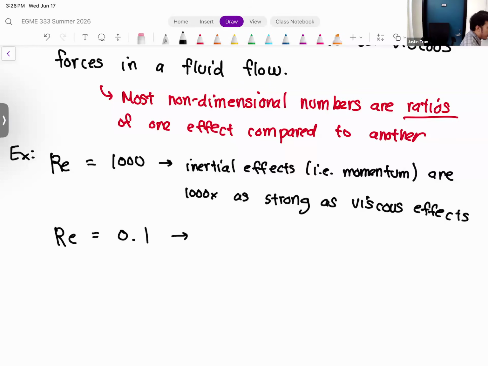So this would be within the category of what I call creeping flow. Creeping flow is not really a subject for undergraduate fluids.